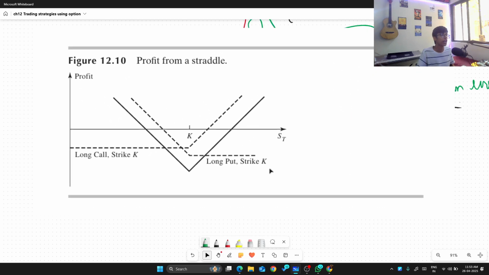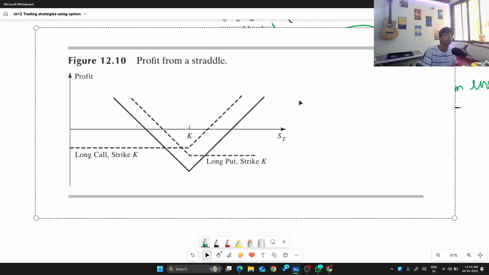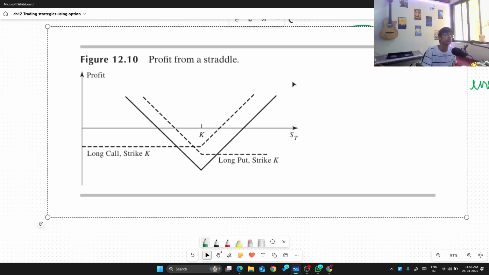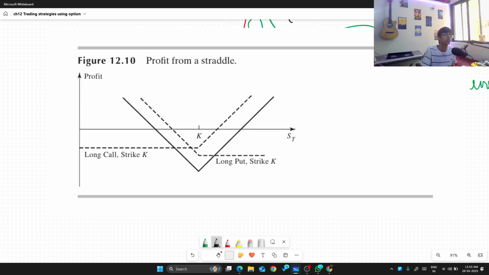So this is a bottom straddle photo. Right, the payoff would be like this.